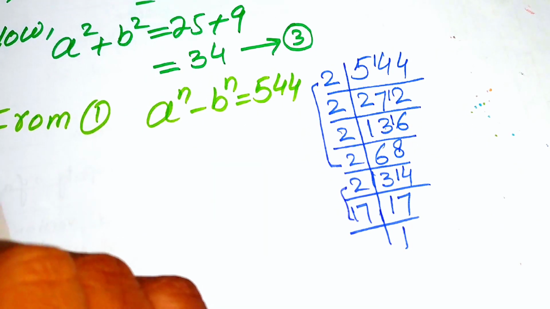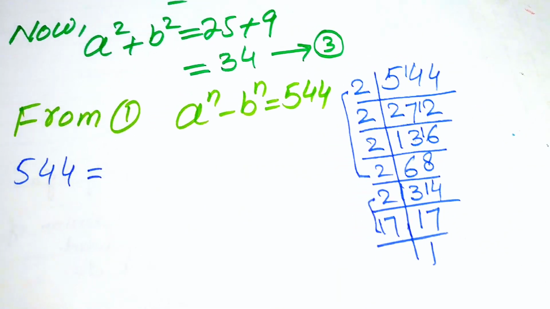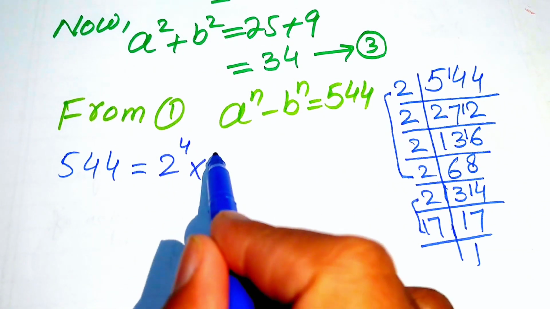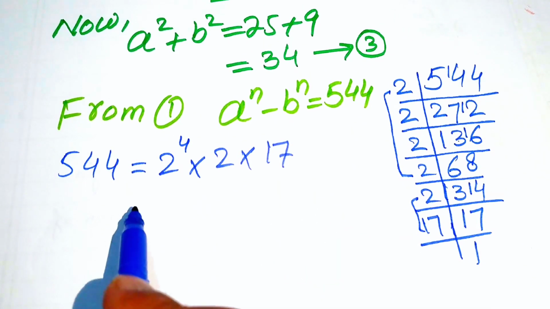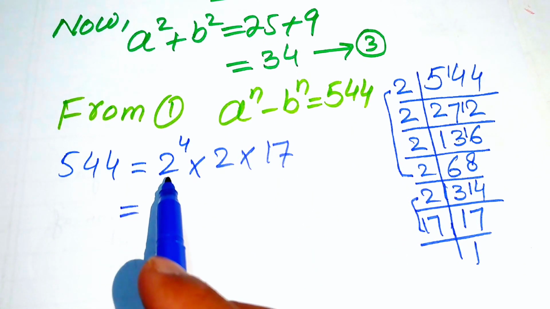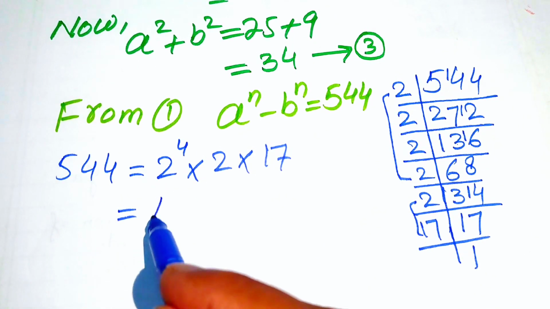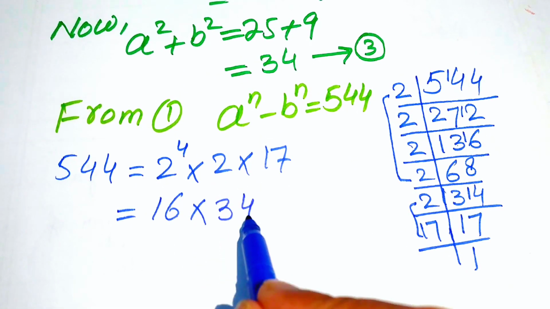So you see that we have 4 times 2 here, and we multiply these and write 544 equals 2 to the power of 4 multiplied by 2 multiplied by 17. We know that 2 to the power of 4 equals 16, and 2 times 17 becomes 34.